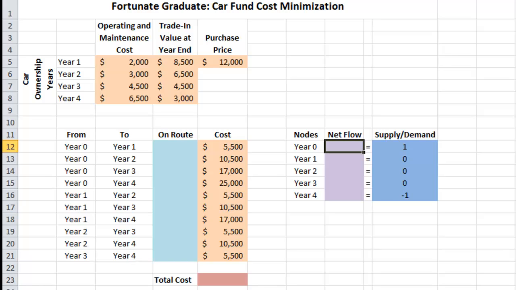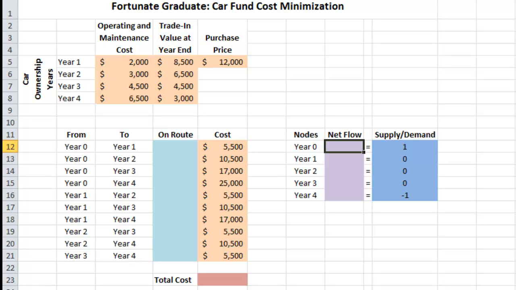Now luckily, since our spreadsheet has so many features already built into it, all we really have to do at this point is enter two formulas, then go in, open up the solver, tell it what to look for, press the solve button, and then just like that, we'll have our answer.